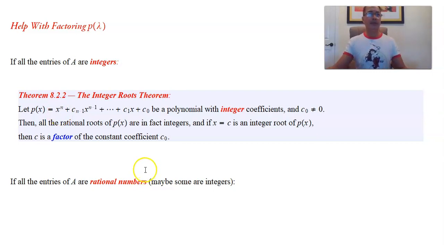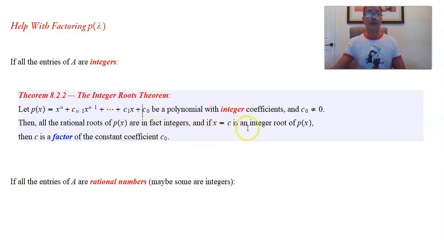So the integer roots theorem tells us that if you have this polynomial with integer coefficients and the highest term has coefficient 1 and the constant term c sub 0 is not 0, then all the rational roots of this polynomial are in fact integers.